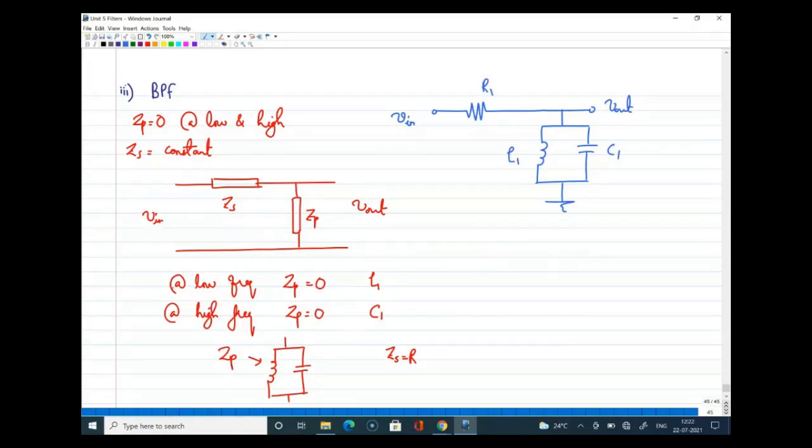So we can try writing the transfer function of this, V out divided by V in. So it is Zp divided by Zp plus Zs. So S into L1 parallel with 1 by S into C1, divided by R1 plus the same value.